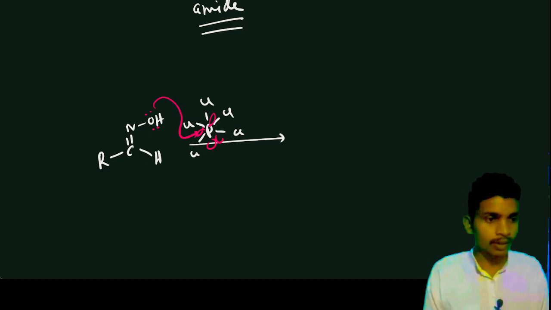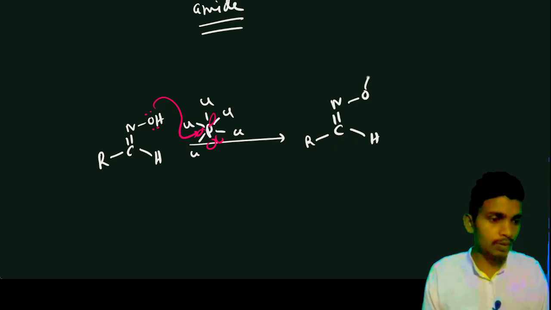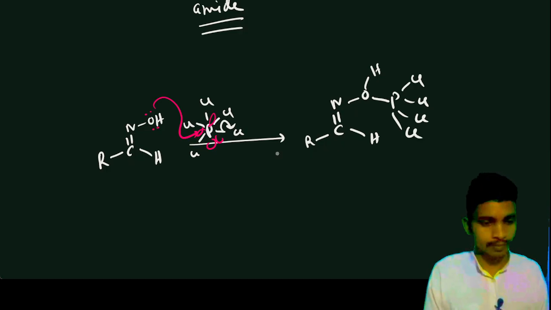What will we get now? R–C, H, double bond N, and this O with H, and this will attack the P, and whenever it attacks, one chlorine will leave. So there are four chlorines, and the oxygen is going to get the positive charge because the lone pair has been given.